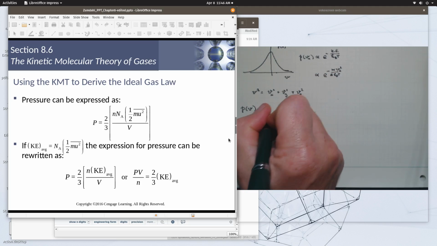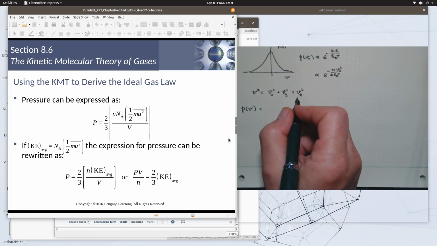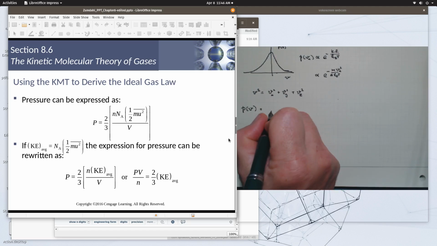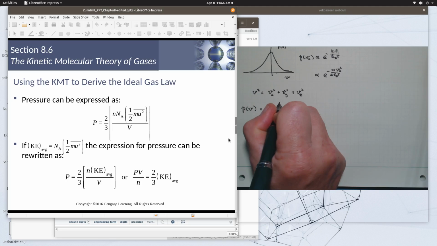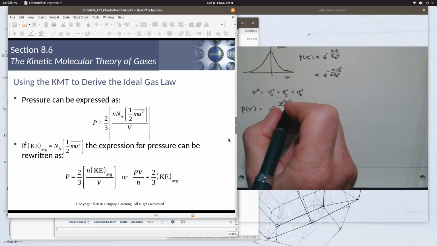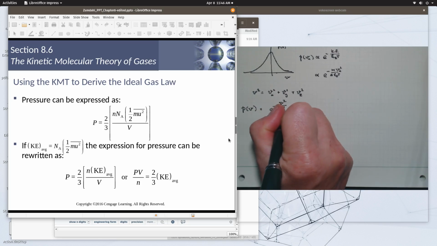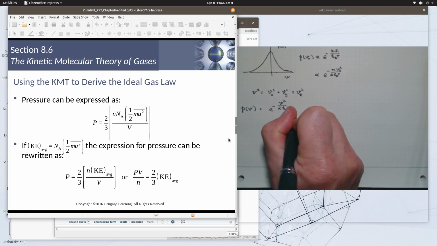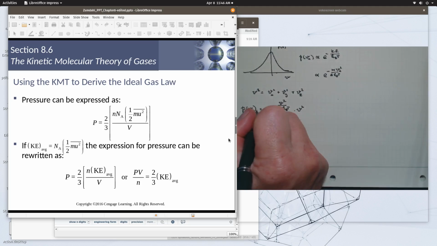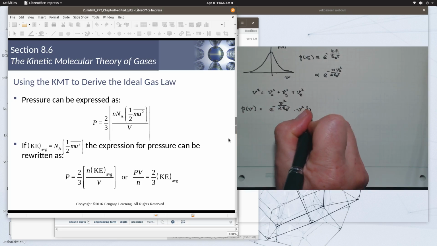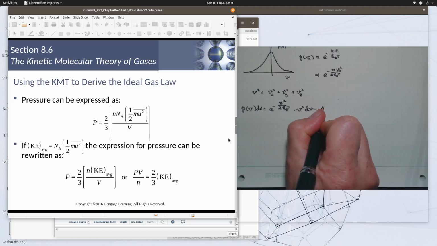I'm going to write this as e to the minus velocity squared over 2 kBT, times velocity squared, and I need a dv here, and I need to multiply this by 4 pi.